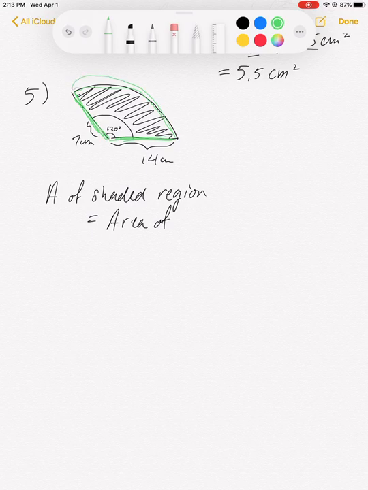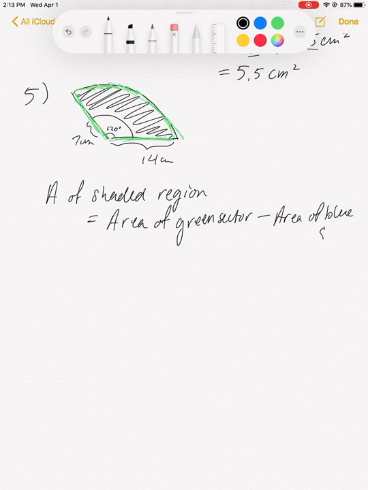Okay, right here. The area of this whole sector in green, and subtract off the area of the blue sector. Now the blue sector is this little part that's white and will not be part of our figure.